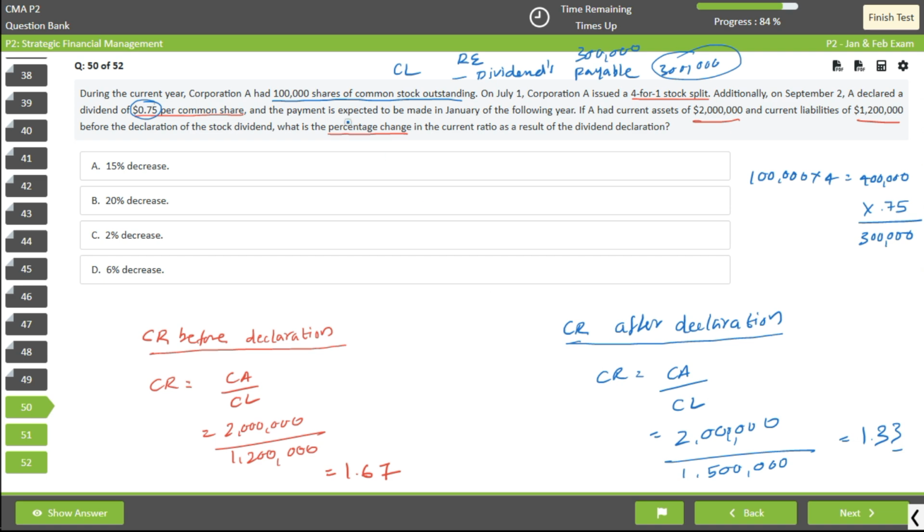Now here they are asking about the percentage change. So now let us calculate the percentage change. So percentage change is change by original into 100.